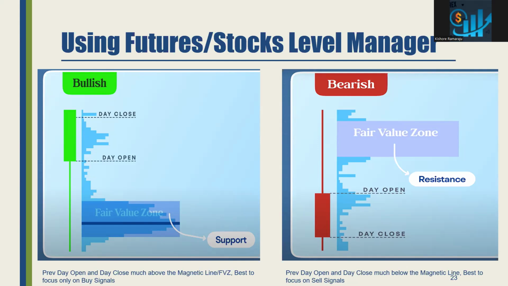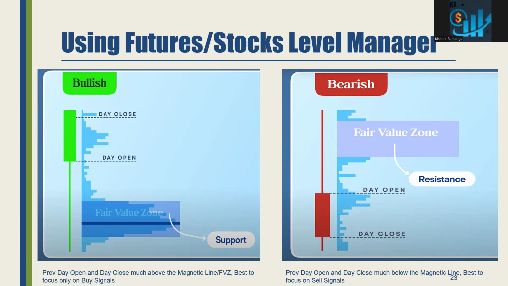That fair value level, magnetic level, high volume level acts as a base for the entire day. So when we want to take trades tomorrow, for example, we can look at the previous day low and previous day high. Based on that, we can determine what direction the price can go for the ticker.